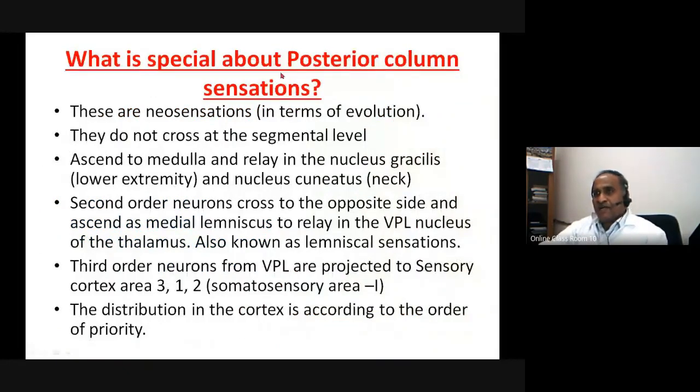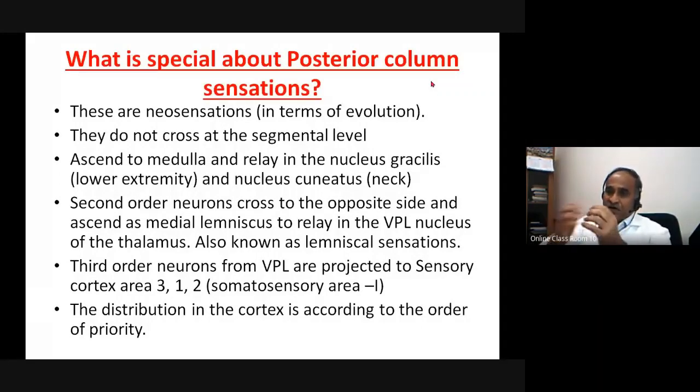What is special about posterior column sensation? There are two sensations categorized according to the two columns: one, the posterior column, and the other, the anterolateral column, in the spinal cord.